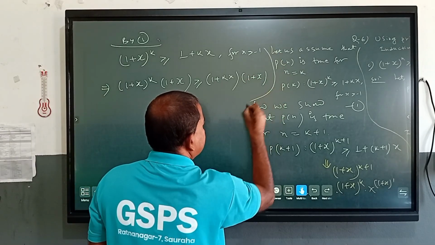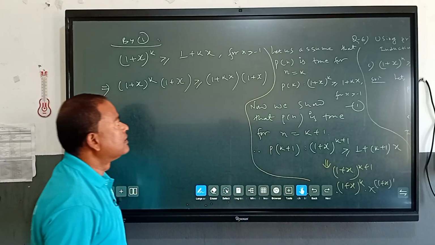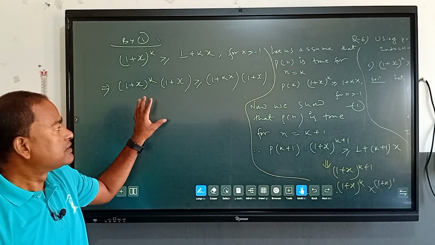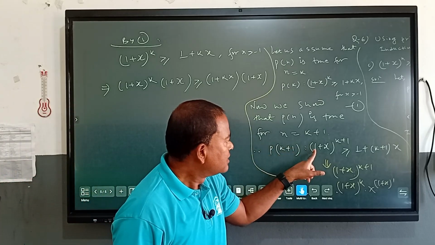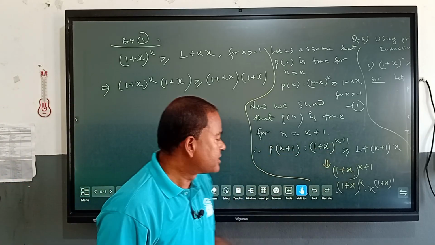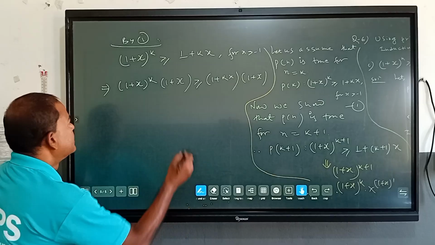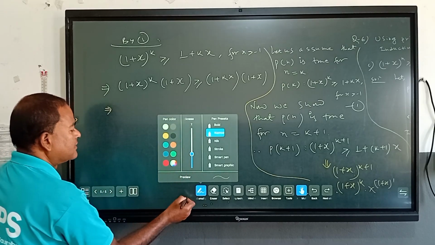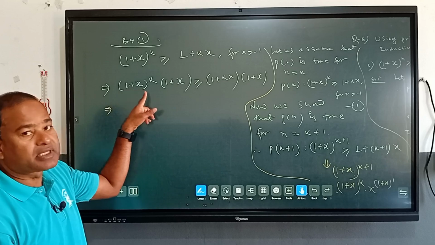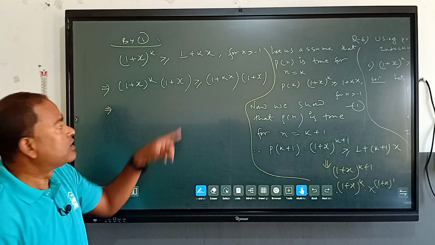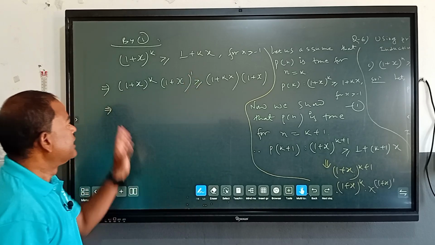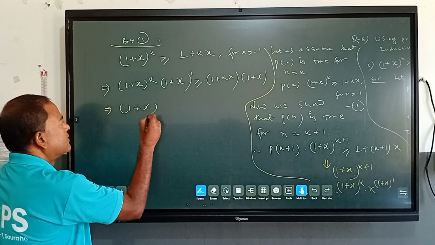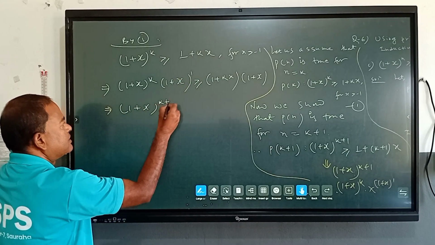So dear students, now we'll focus only on the left hand side at first, because we need (1 plus x) whole power k plus 1. If we multiply (1 plus x) whole power k with (1 plus x) power 1, then we'll get (1 plus x) whole power k plus 1.